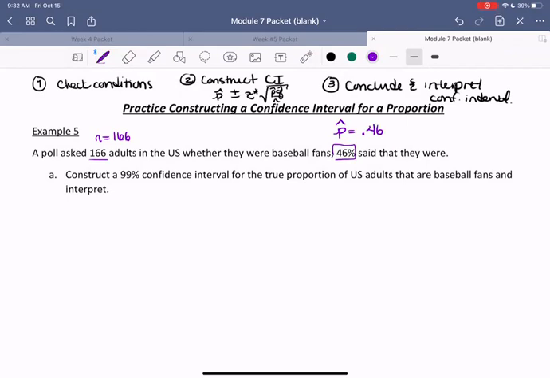From this, we can determine how many people in our sample are baseball fans. So how many successes do we have? Well, that's just our total sample size times that percentage that are baseball fans. So we take 166 times 0.46 to get how many people were baseball fans.